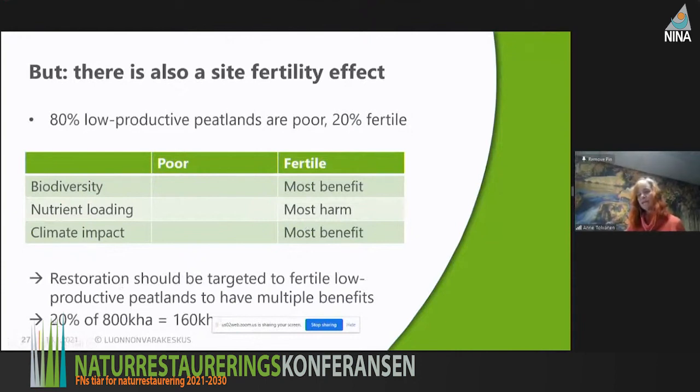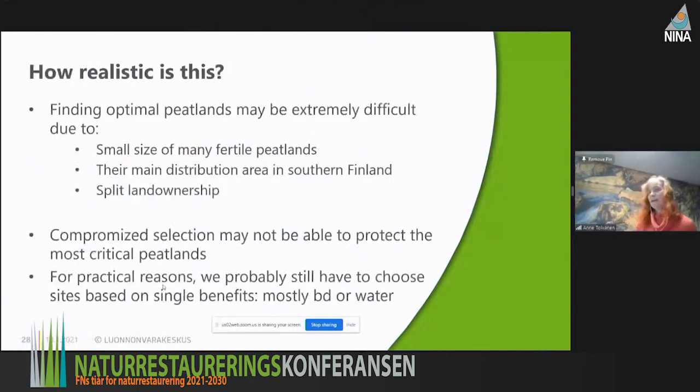And if I calculate 20% of this 100,000 hectares, it's about 160,000 hectares. But then, how realistic is this? Finding optimal peatlands, rich, fertile peatlands, may be extremely difficult because they are usually very small.